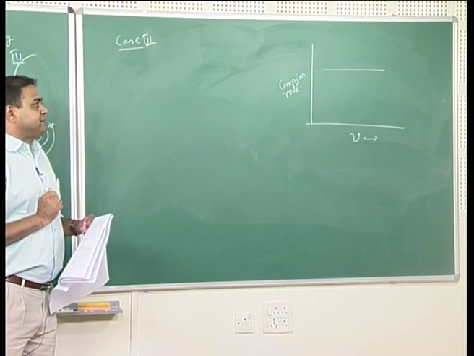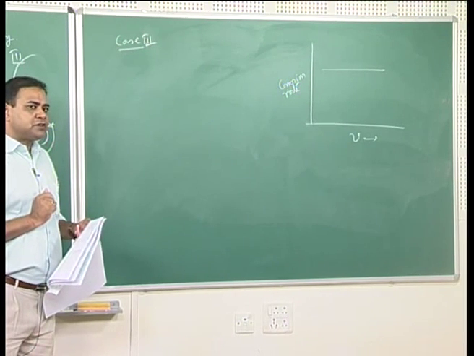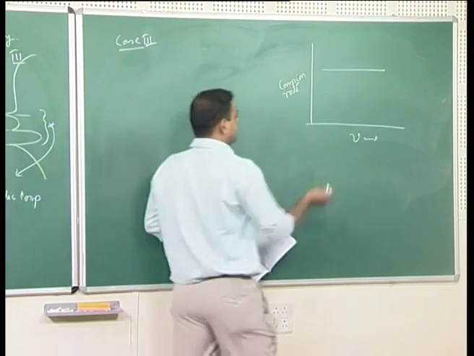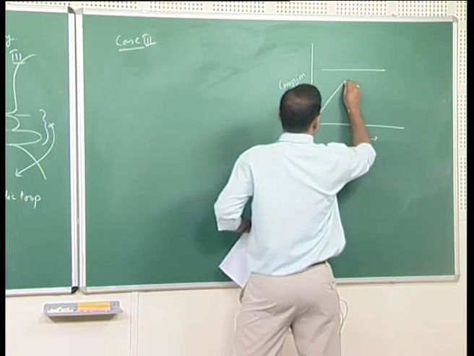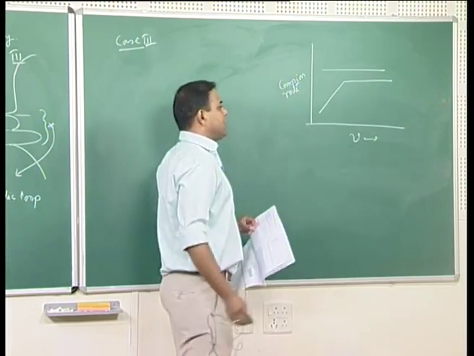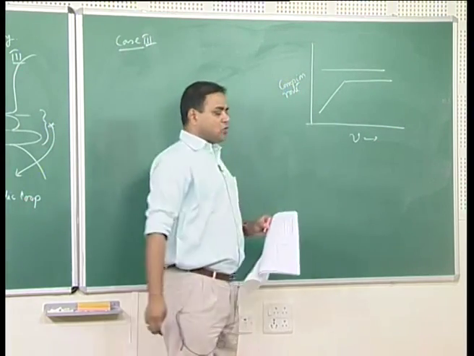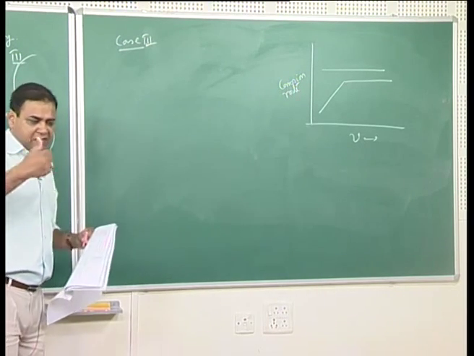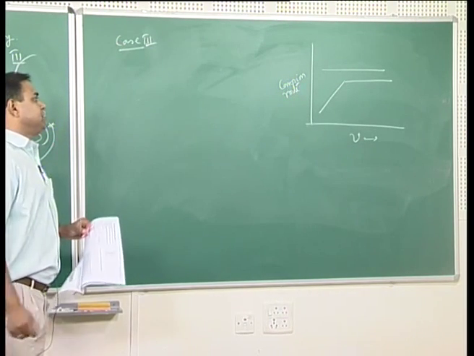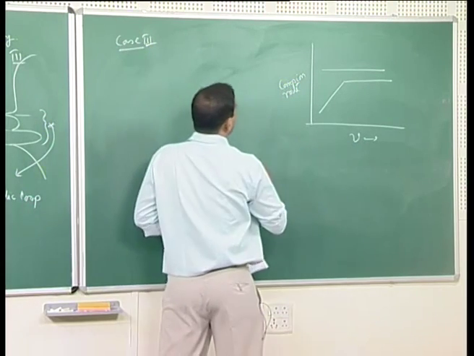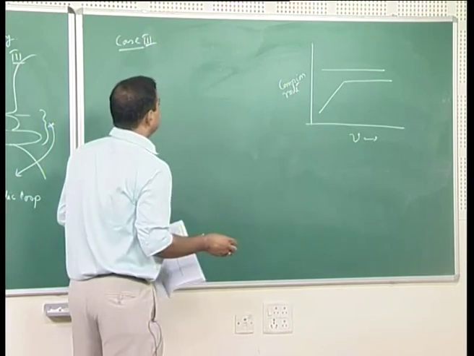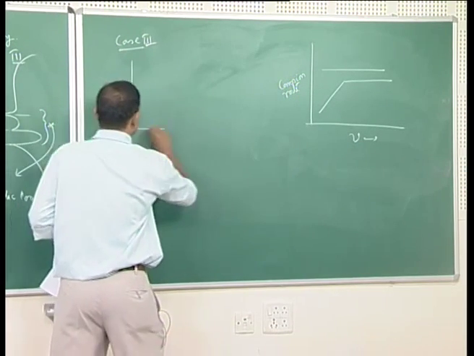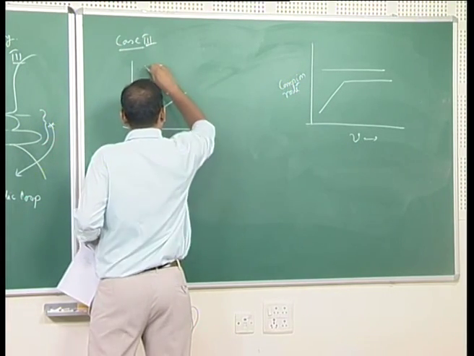But if it is concentration polarization controlled for the cathodic reaction, then my situation would be like this, where as you go to higher and higher velocity, your corrosion rate would initially increase, but after some time it will become flat. And if you see the mixed potential theory corresponding to these 2 curves, then in one situation your curves will meet like this.